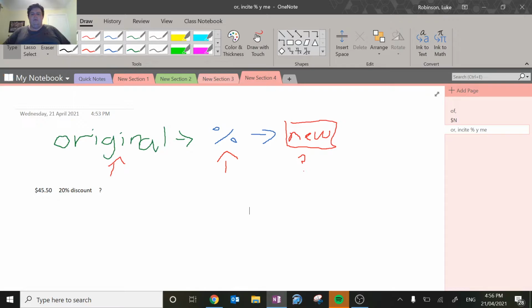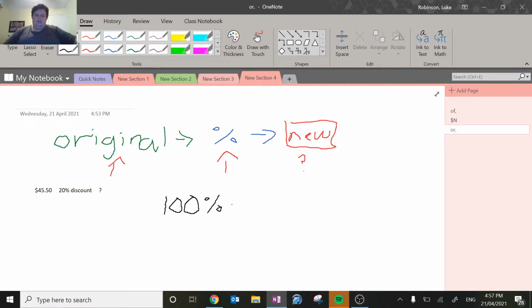If we don't have the new price, essentially we need to think about, if I paid full price, which is this 45.50, what percentage of that price am I paying if I paid the whole thing? Hopefully we're on the same page and you're saying that if you pay all of something, you pay 100%, right?